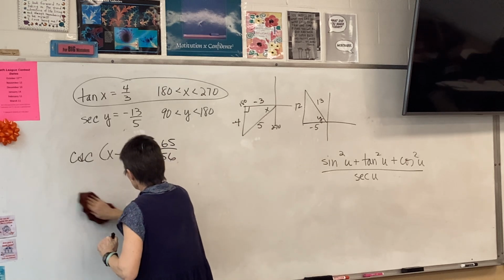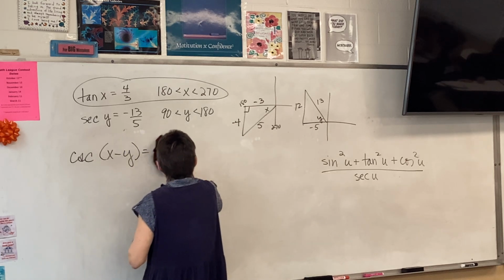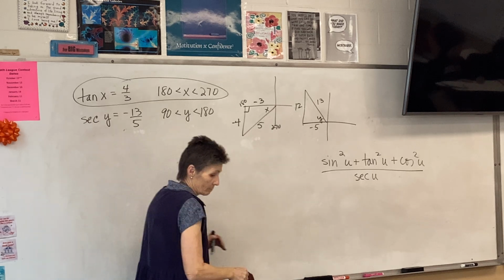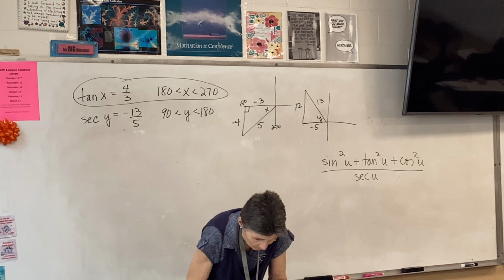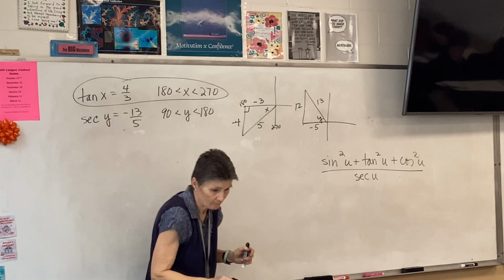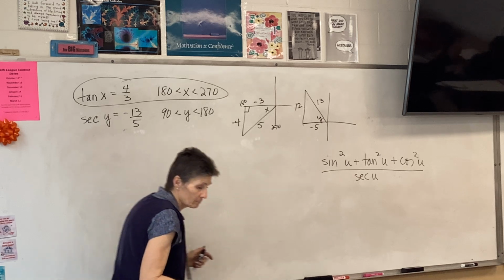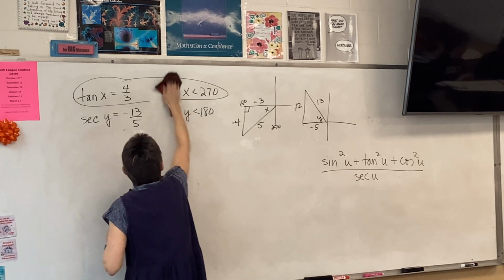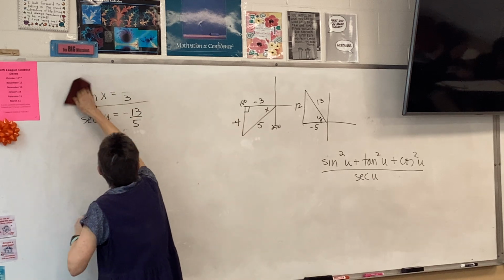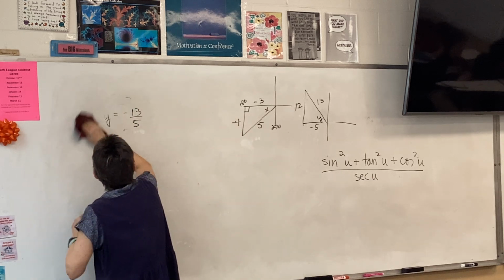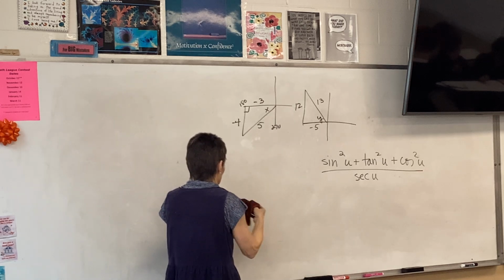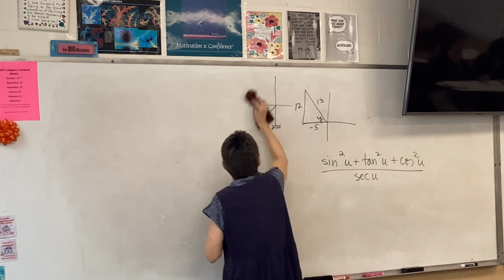So 1 plus 10 squared equals secant, so it's just secant. Because 1 plus 10 squared equals secant. So it's secant.